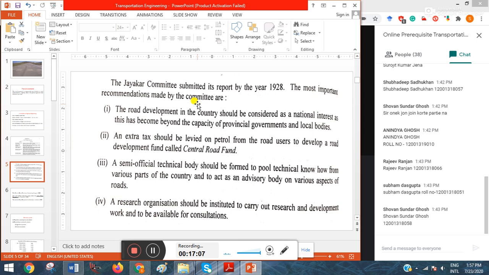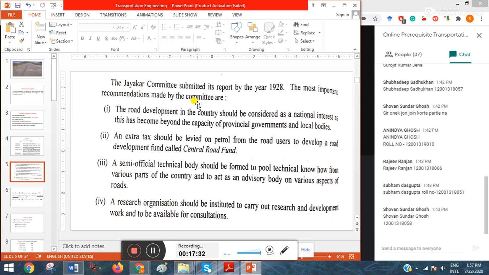The most important recommendations made by the committee are: this is the first revolution in Indian road history. Number one recommendation. These recommendations are very important, you can write them, and always keep in mind that these were passed by the Jayakar Committee in 1928.